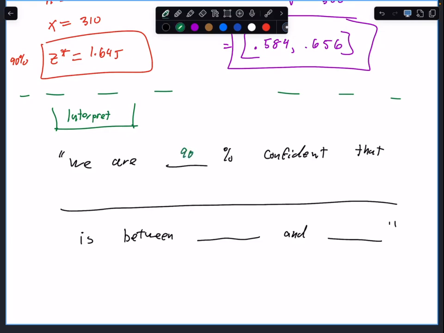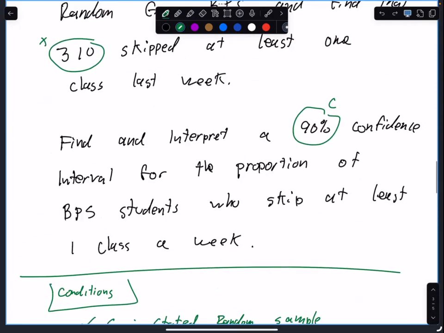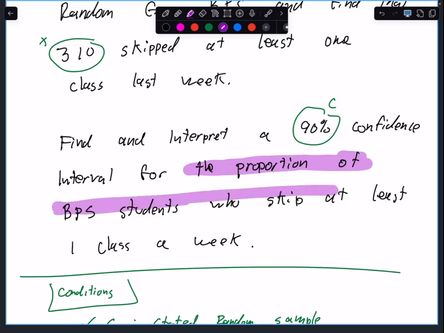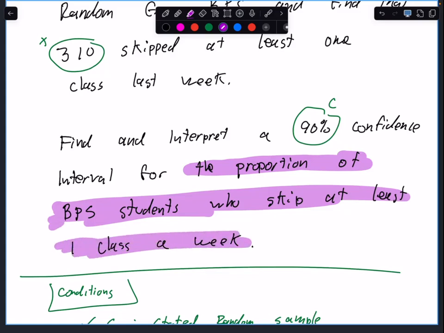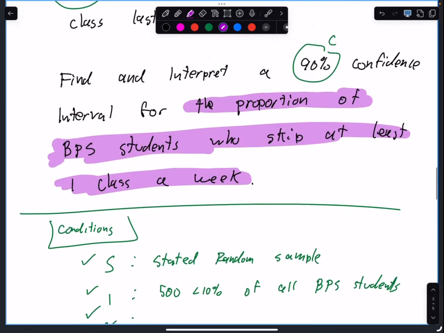We are 90% confident that, now we're going back to the problem, and whatever it is that we've been asked to find a 90% confidence interval for, there is my sentence right there. This is my parameter right here. This long piece is just what I'm going to copy. The proportion of BPS students who skip at least 1 class a week. And that's what I write. That's my parameter. This is what I'm trying to estimate.